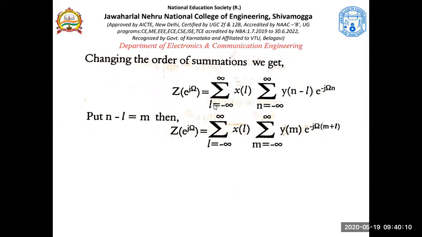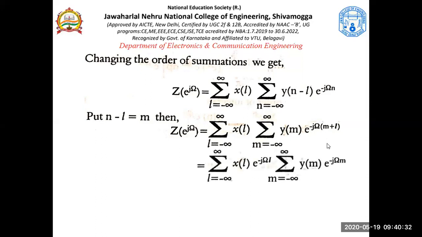Since it is L, the summation will have L ranging from minus infinity to plus infinity. Since n minus L is becoming m, m would be running from minus infinity to plus infinity. So that needs to be changed eventually. Understand that? So this is m. If this is m, n has to be m plus L. That is what is written here.